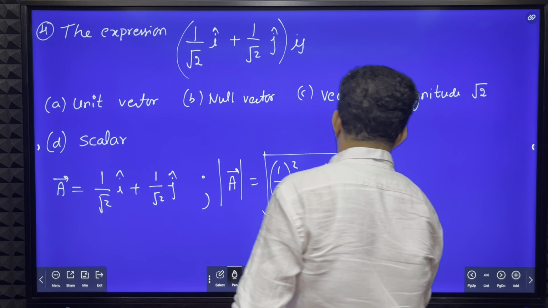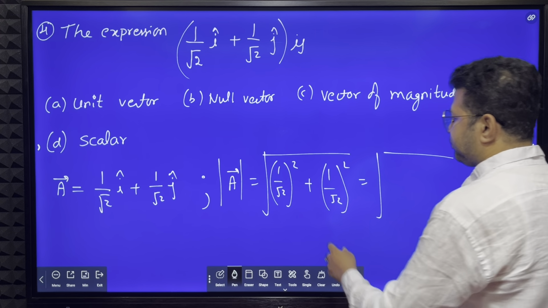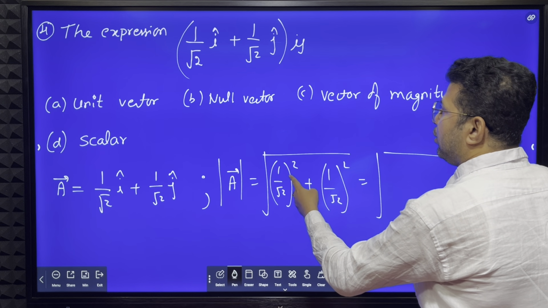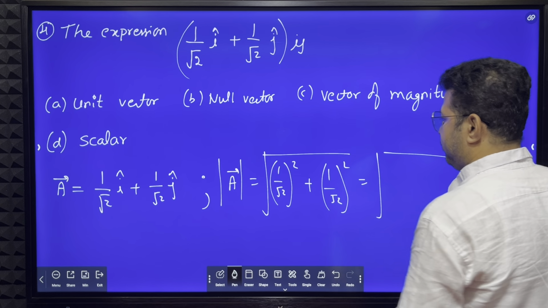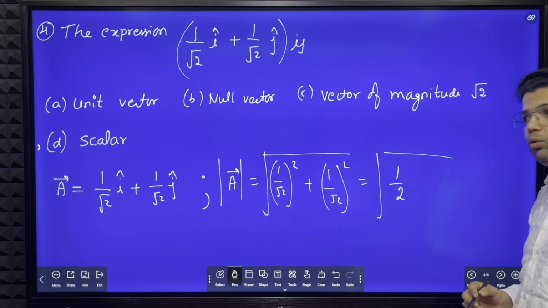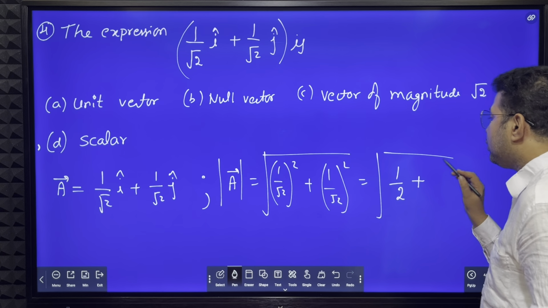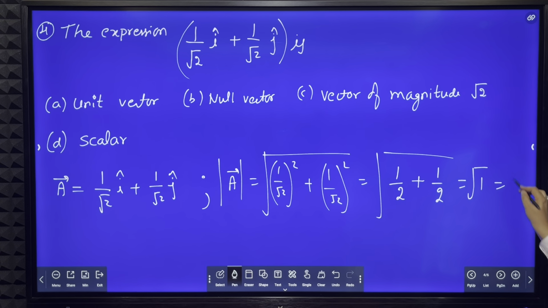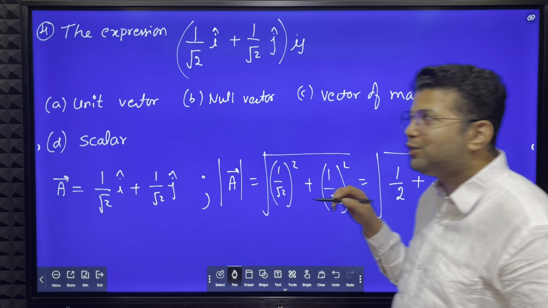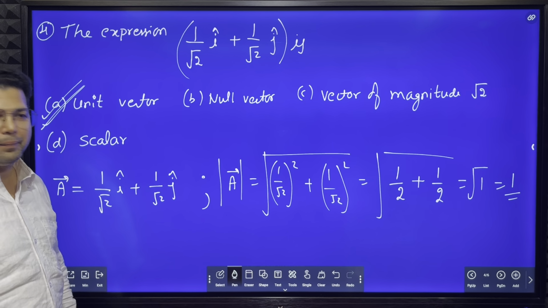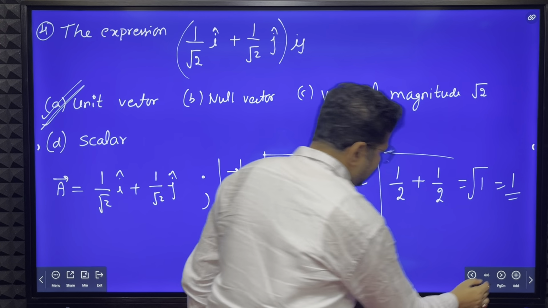So what happens? Square root of, 1 by root 2 whole square is 1 by 2, plus 1 by root 2 whole square is 1 by 2. 1 by 2 plus 1 by 2 is 1. Square root of 1 is 1. So its magnitude is 1. Therefore it is a unit vector. Easy? Yeah.